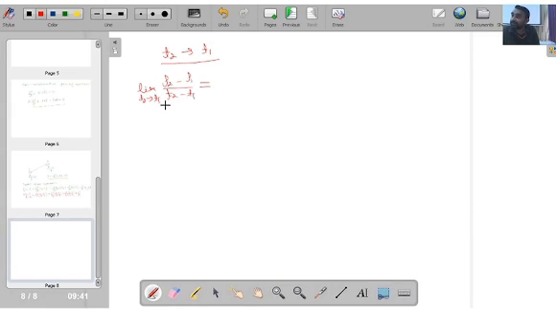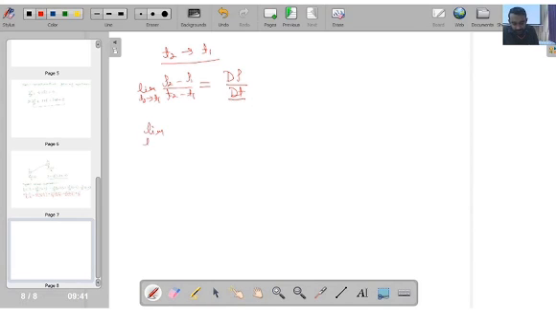So this is nothing but the definition of a derivative, instantaneous derivative or total derivative. So I can write this as nothing but d rho by dt. Fine.